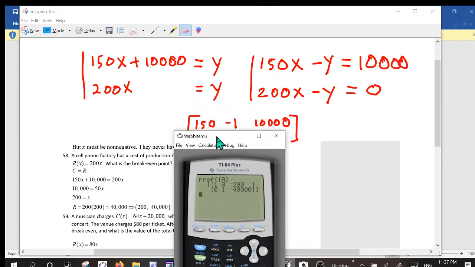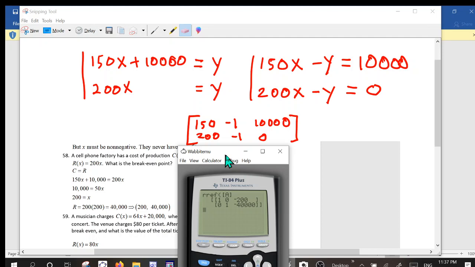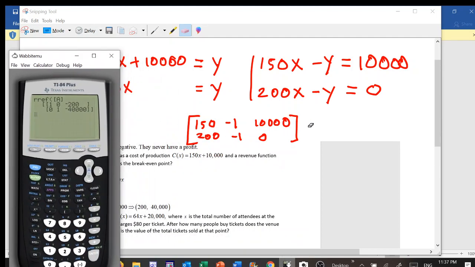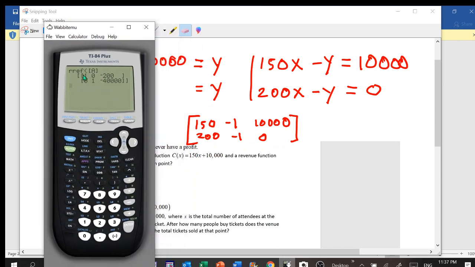So what we got here is 240,000. Now we got negative numbers because we moved them to this side, right? So let me go back to the matrix A. In the matrix A, we put 150, negative 1, 10,000, and 200, negative 1, and 0.